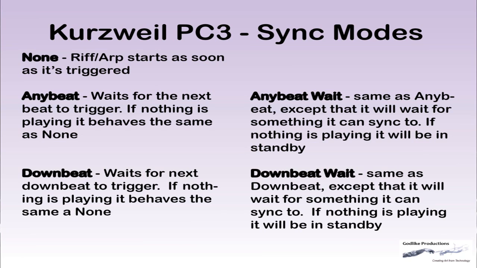Okay, so the next one you've got is downbeat wait. What this does is it waits for the next downbeat, and that's determined by the number of beats below. So if you're syncing this to another arpeggio, and you set the number of beats to 8 on quarter notes, it will wait 2 bars before it acknowledges its downbeat, and then it will trigger on that.